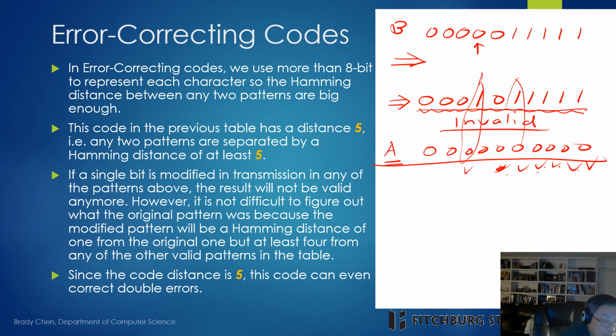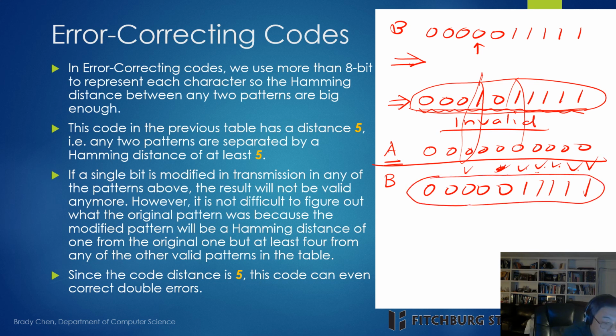And then we check B, which is 0, 0, 0, 0, 0, 1, 1, 1, 1, 1. And for the distance between the received bit pattern and B, we just compare the Hamming distance.